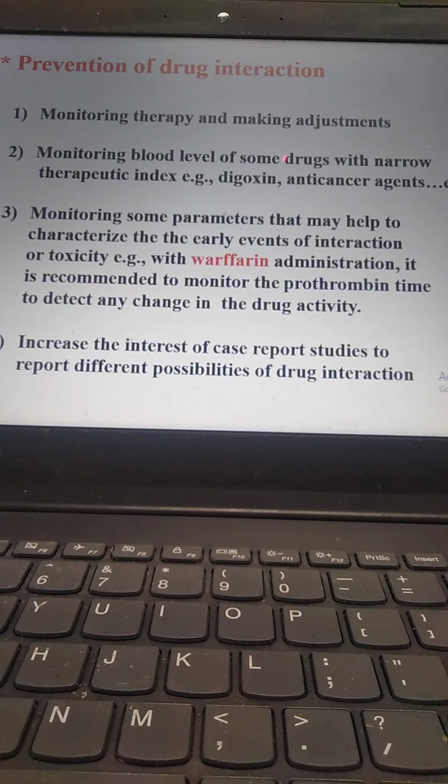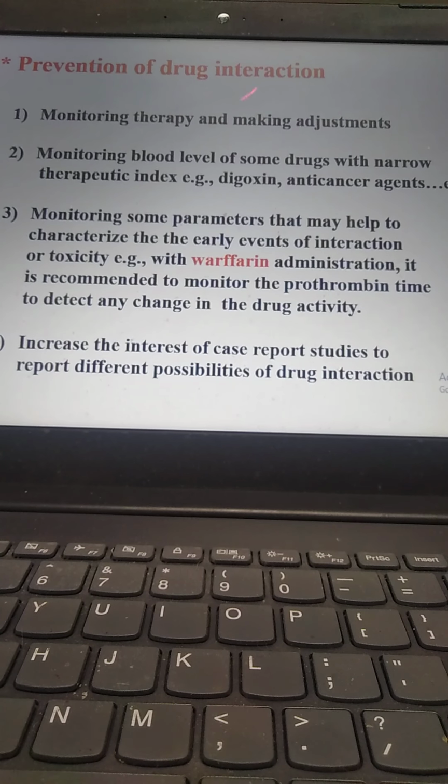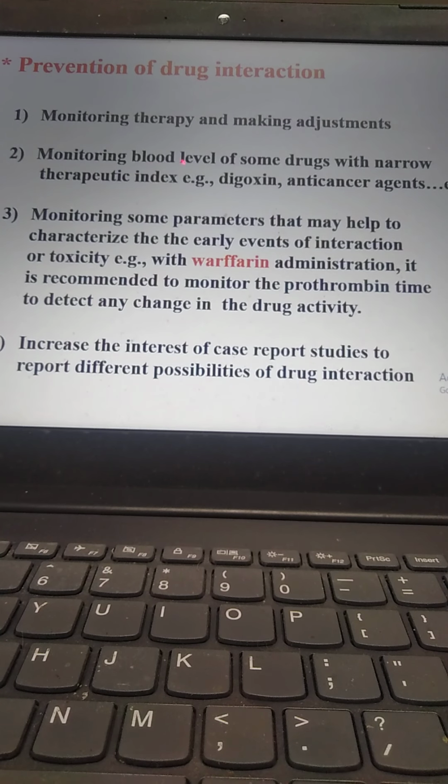Prevention of drug interaction. Monitoring therapy and making adjustments is very important. This is the prevention of drug interaction. Monitoring blood levels of some drugs with narrow therapeutic index, like digoxin, anti-cancer agents, etc. Monitoring some parameters that may help to characterize the early events of the interaction or toxicity.